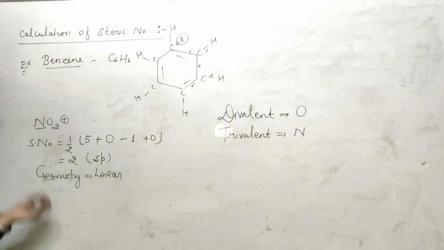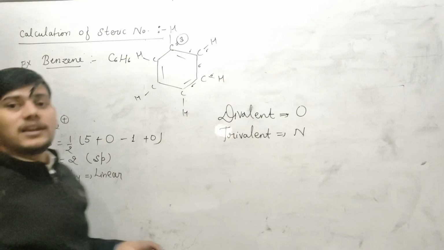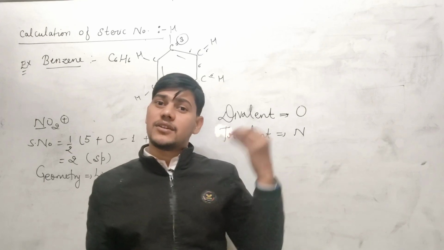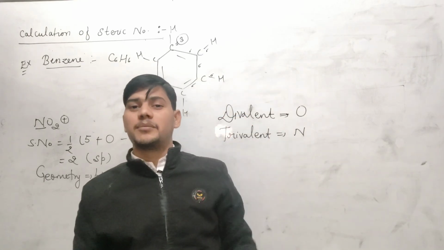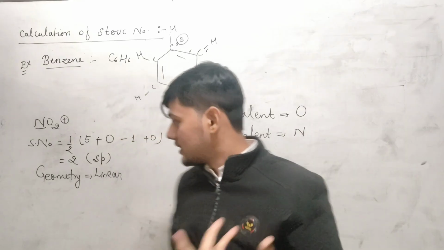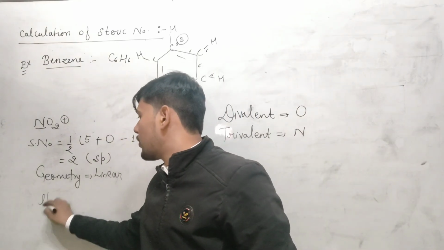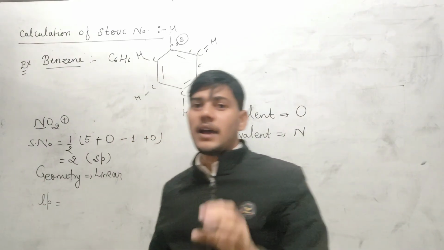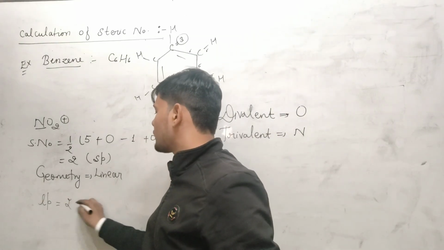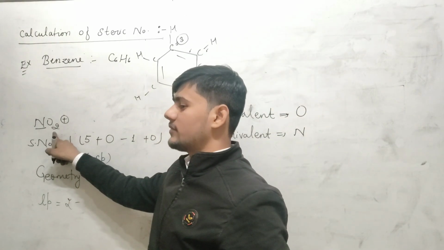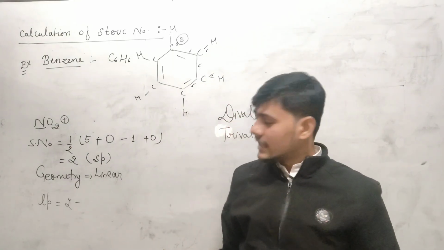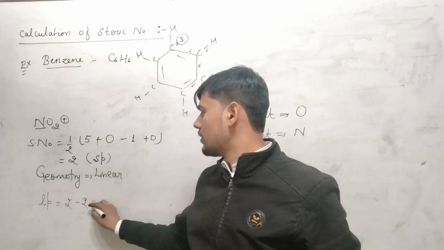To identify the shape of the molecule, we can easily calculate the number of lone pairs, as the formula is given in the previous slide. So how do we calculate the lone pair? The lone pair formula is steric number minus number of side atoms. The steric number is 2 and the number of side atoms is 2, because there are 2 side oxygen atoms, so 2 minus 2 is equal to 0.